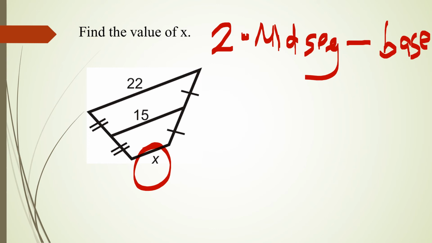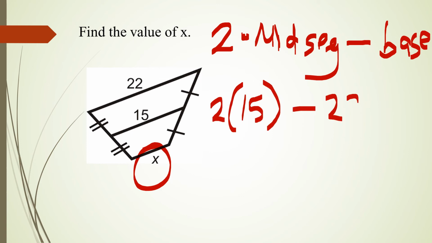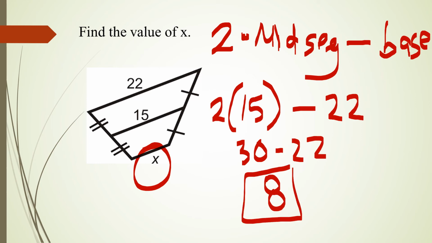So if I take 2 and multiply by 15 and subtract the base, I'll end up with the other base. That's 30 minus 22, which is 8. So this is the other base.